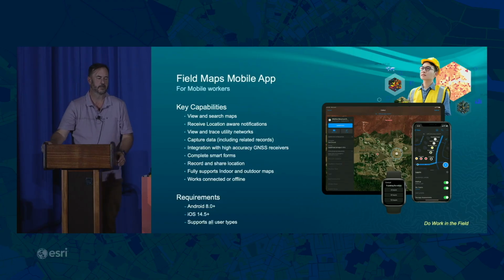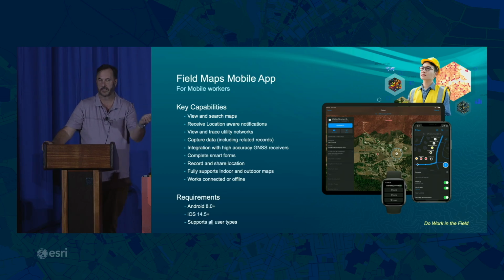And Sarah touched on a few of them in her introduction piece, like the ability to get location-aware notifications so that map can be all sassy and talk back to you as you're using it in the field, being able to view and trace utility networks, be able to work with linear reference systems, obviously being able to capture data and bring together a forms and maps-based experience for that, adding new capabilities around high accuracy GNSS receivers, recording and sharing locations.